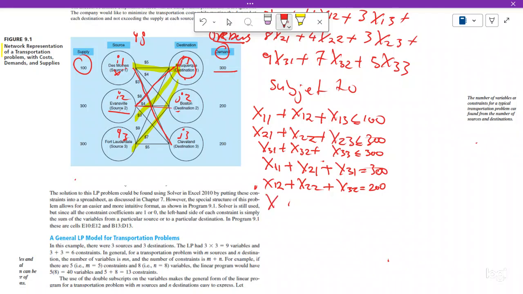Then x1 3 plus x2 3 plus x3 3 equals to 200. Then xij must be greater than or equal to zero, because we're dealing with only positive figures.